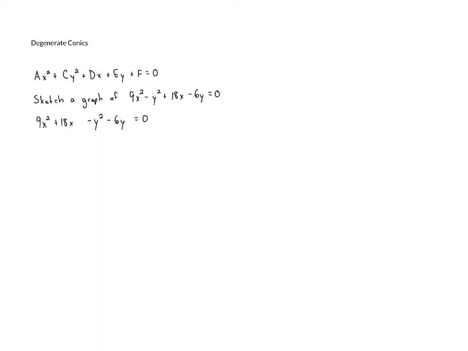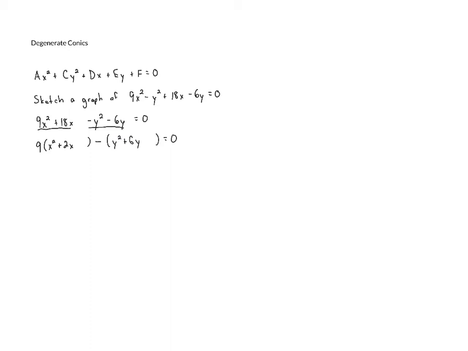Now for completing the squares, remember we always need to factor out that leading coefficient. So we're going to have 9 times the quantity x squared plus 2x. I'm going to leave a space to complete the square. And then we're going to factor out a negative 1, or a subtraction, and that's going to leave us with y squared plus 6y. It's going to be positive 6y because we factored out that negative, and all of that equals 0.